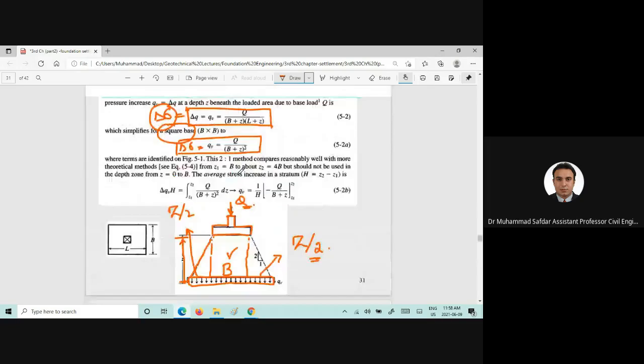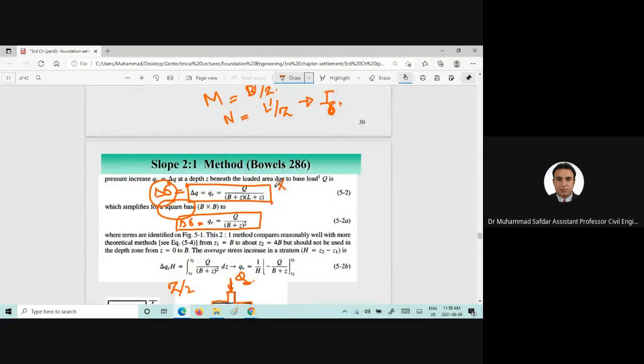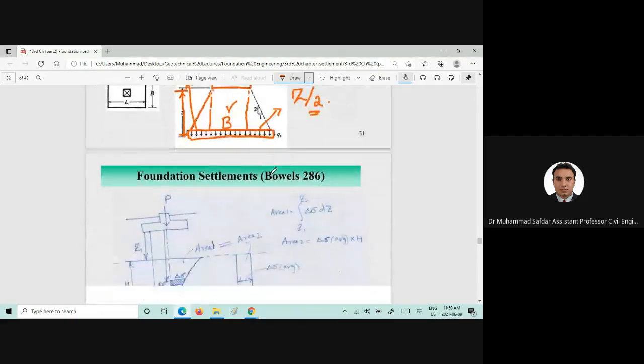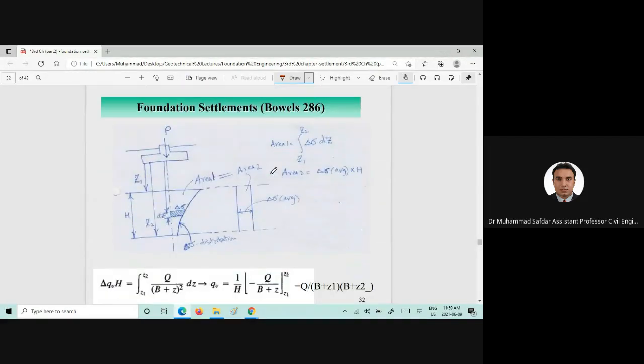Please kindly note down these equations as well, because we are going to use them in solving examples and problems. Now here is a very important concept which has been discussed.